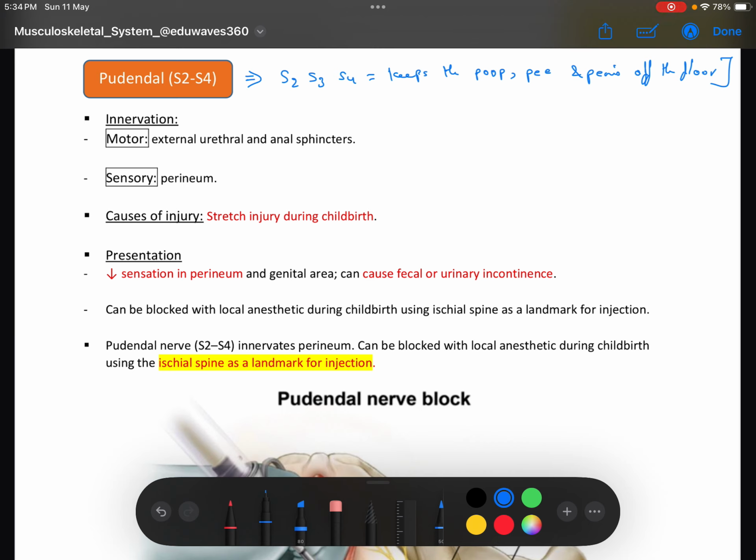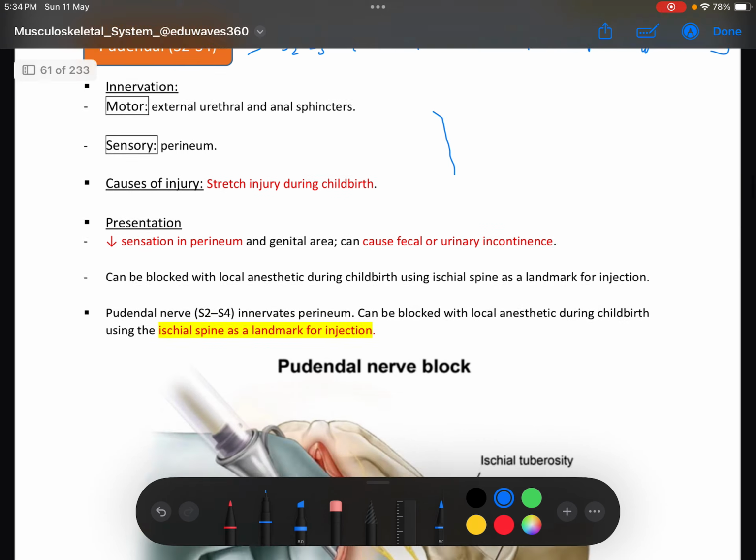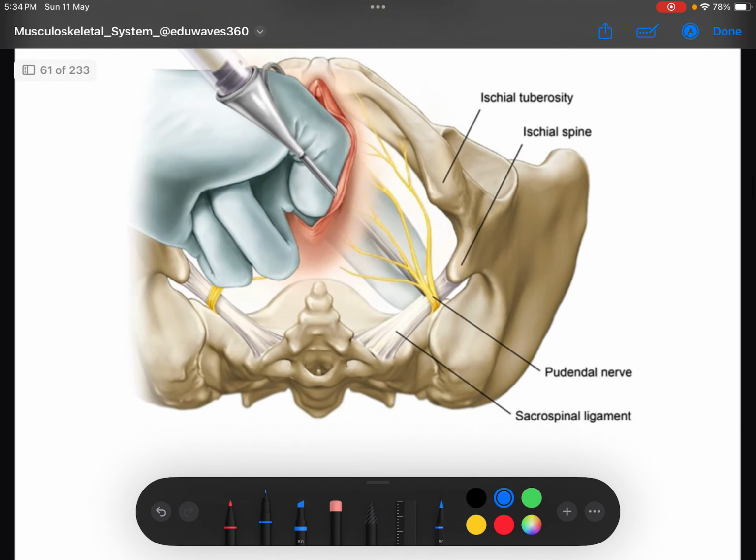Okay, the pudendal nerve exits the greater sciatic foramen. From that foramen, the pudendal nerve exits, and it curves around the ischial spine. You can see here, this is the pudendal nerve.